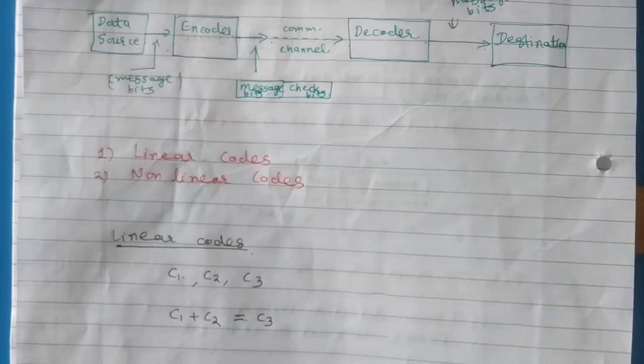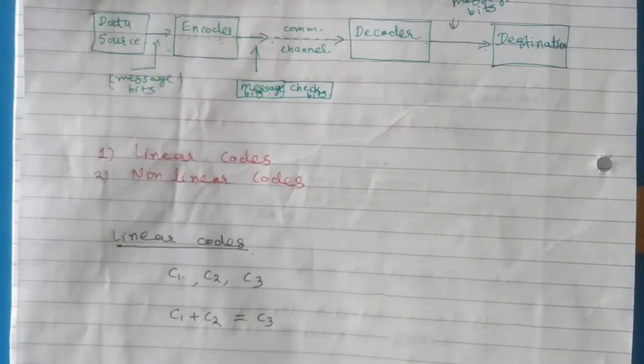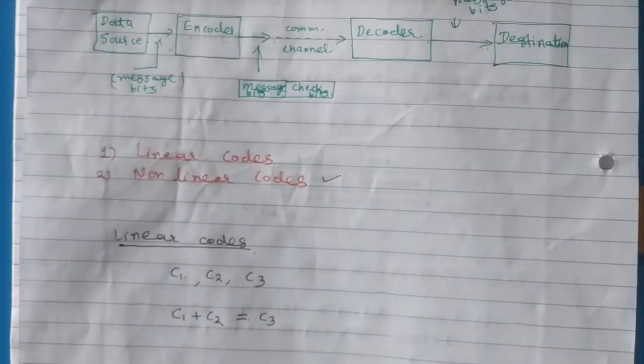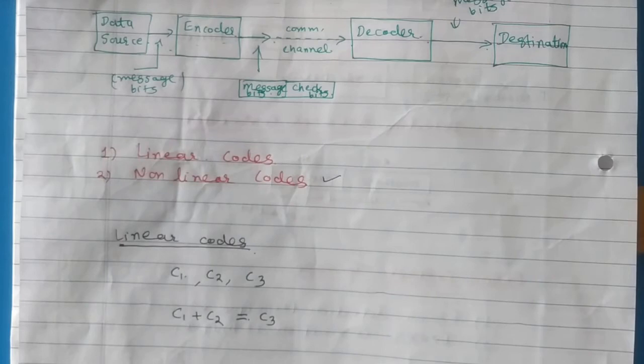So this is a very important property of linear codes: if any two valid code words of the linear code are added, it will produce a third valid code word. These all three are valid code words. And non-linear codes do not exhibit this property. That is the important property of linear codes.